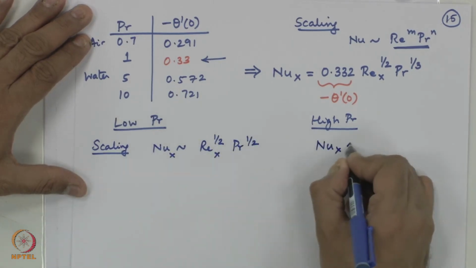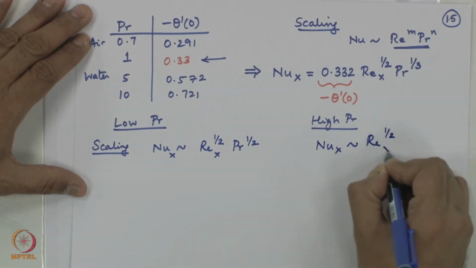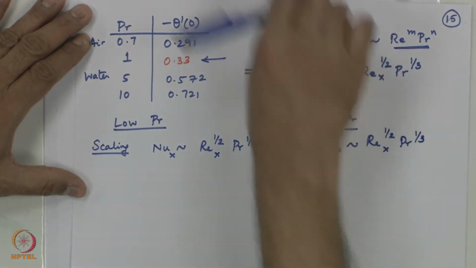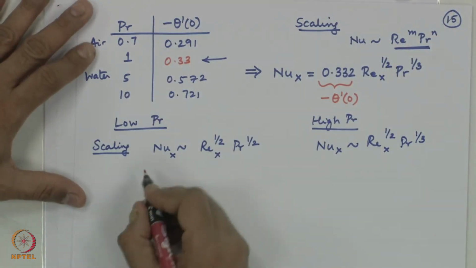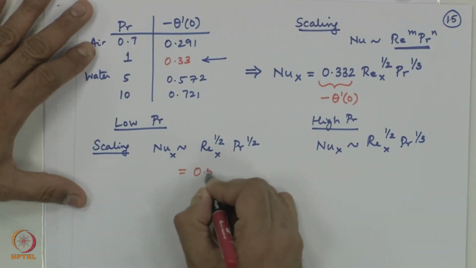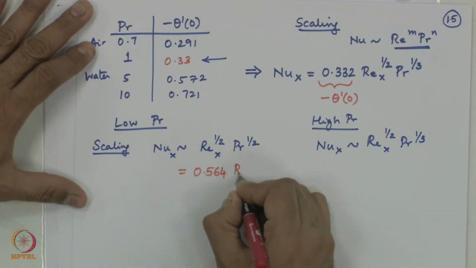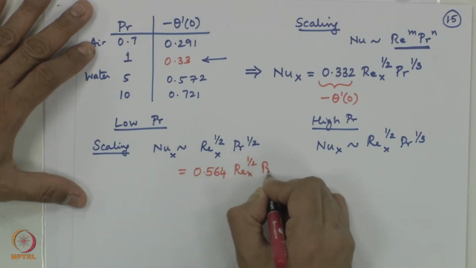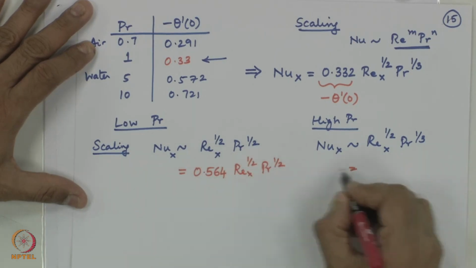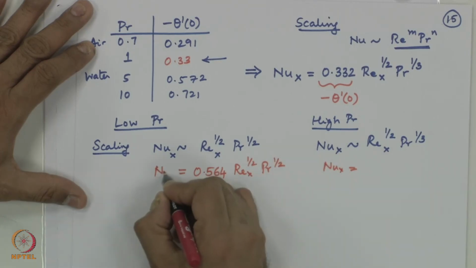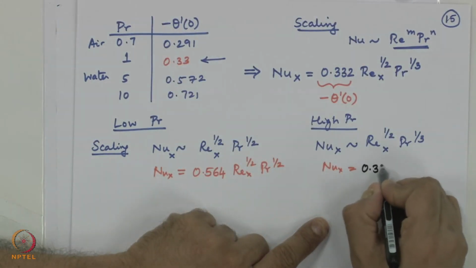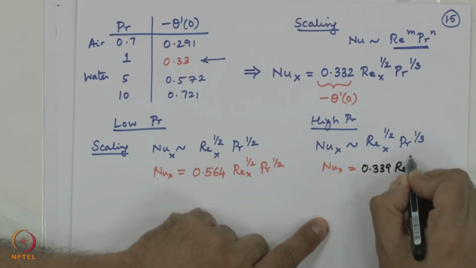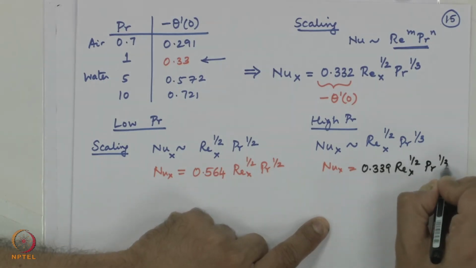Scaling gave me Nu is of the order Re to the power half Pr to the power 1/3. This kind of similarity solution is going to give me Nu equal to 0.564 Re to the power half Pr to the power half. This is going to give me Nu equal to, this order gets replaced by an equal to sign, 0.339 Re to the power half Pr to the power 1/3.